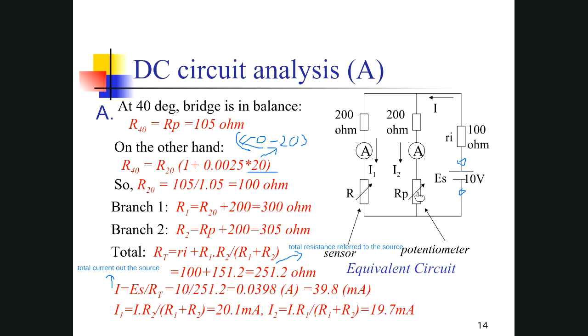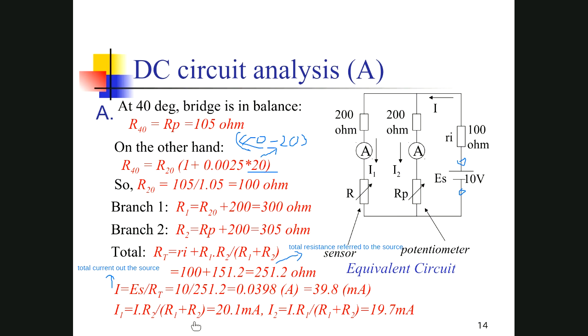For two branches with the total current given, the two branches share the current such that the branch 1 current equals the total current times the branch 2 resistance over the total resistance of branch 1 and branch 2.